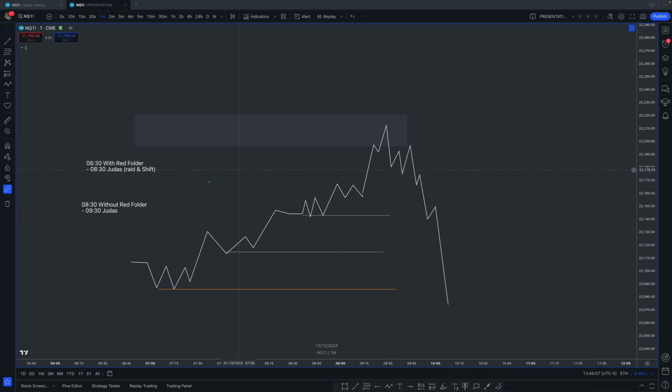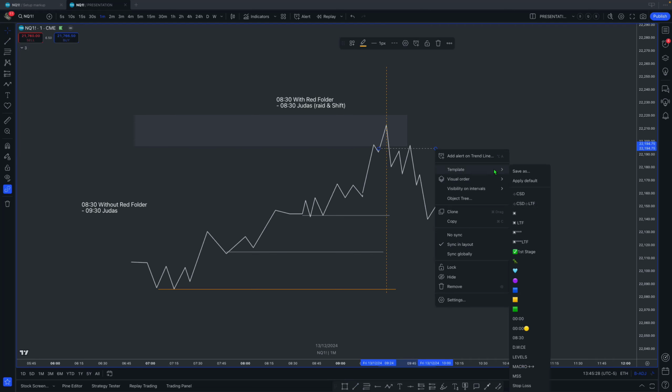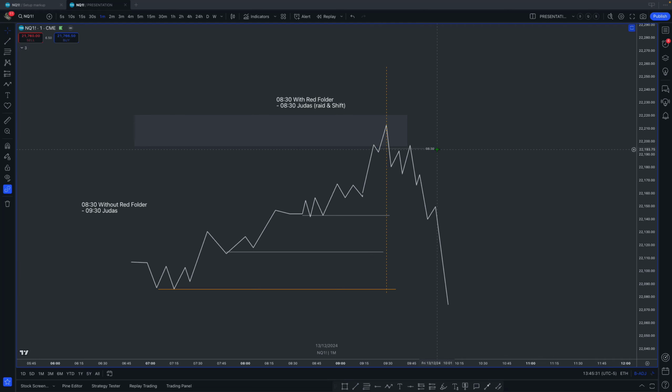And then if 9:30, so I'll just use a vertical line, be the best way to do it. But if that's our smart money reversal, if it's an 8:30 with red folder news, you'd be expecting 8:30 to be maybe here somewhere. So you've got 8:30, and then it raids, has a shift, and then you might have 9:30 just here, and then 9:30 distributes.